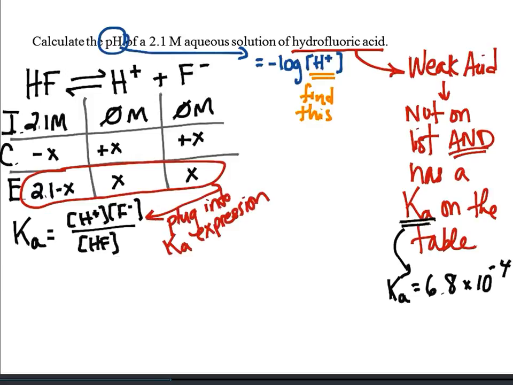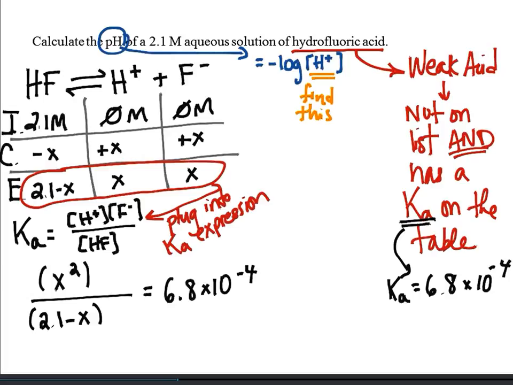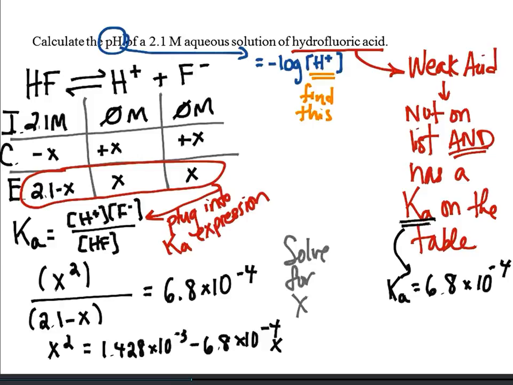Once we plug those in, we will have an algebraic expression: X squared divided by 2.1 minus X equals 6.8 times 10 to the minus 4. And then we need to solve for X using our favorite mathematical principle called algebra.